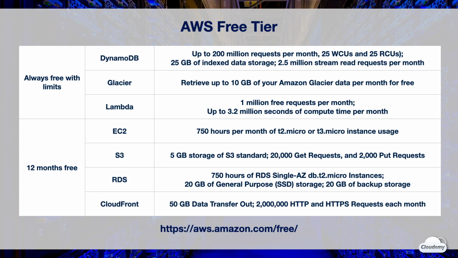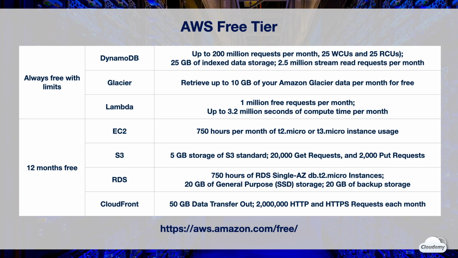Some free tier services are only available to new AWS customers in the first 12 months. With Amazon EC2, you get 750 free hours per month of T2 micro or T3 micro instance usage in the first 12 months. Amazon S3 offers 5 gigabytes free storage of S3 standard class, 20,000 GET requests and 2,000 PUT requests for free in the first 12 months.